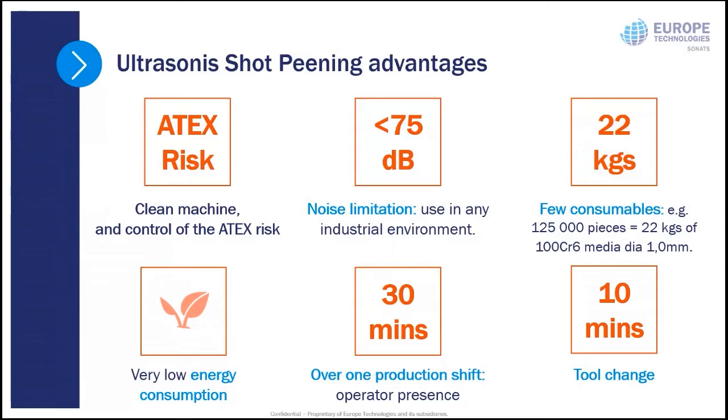In this case, only 30 minutes per shift is necessary for the operator's presence, for quality control, media filling in the main tank, and so on. And less than 10 minutes for a tooling change. As a reminder, the tool change allows adapting a specific enclosure for peening any reference. Each station can treat a different reference or be used for element tests, for example. We can also suggest a specific design to integrate an automatic tool change according to your specification if needed.